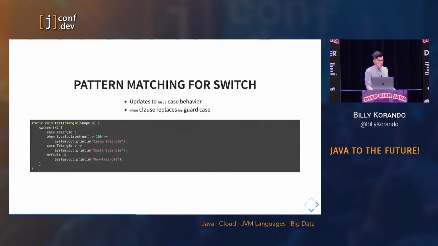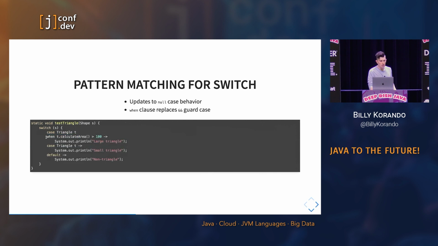So what it's allowing, again, is pattern matching on switch, where here, again, we have the predicate. If it's matching on a type of triangle, then it is setting it to the pattern variable t, and this will be in scope for the body of this case.